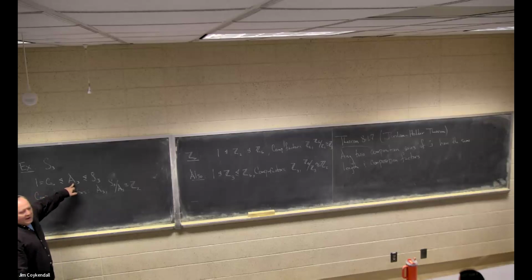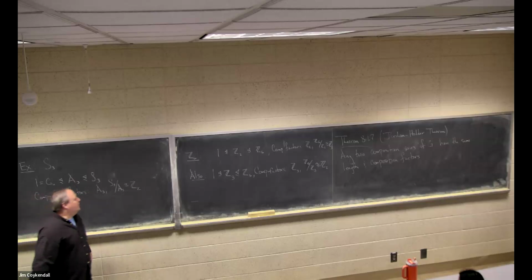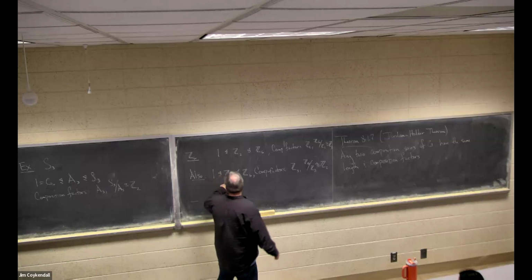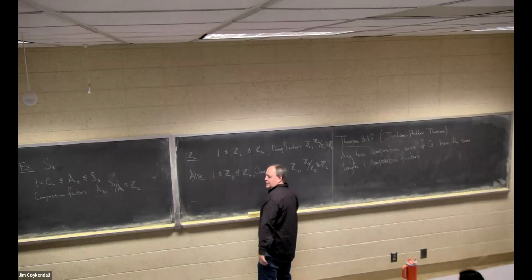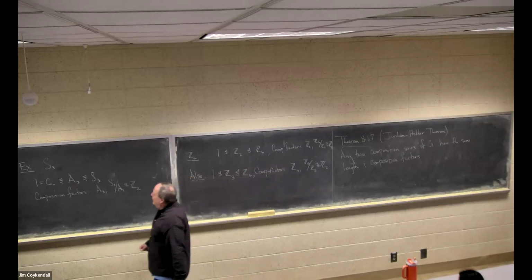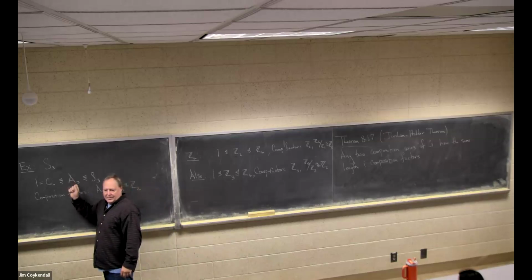Why can't I put a Z2 in there? Here, this is isomorphic to A3. I went 1, A3, to the top. Why can't I do a group of order 2 here?